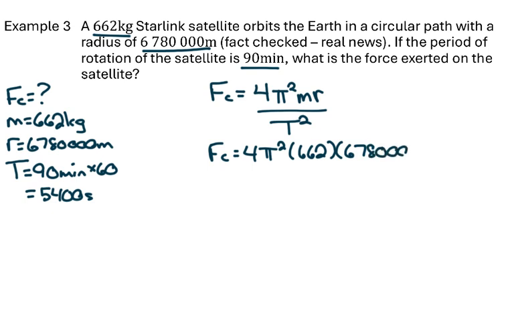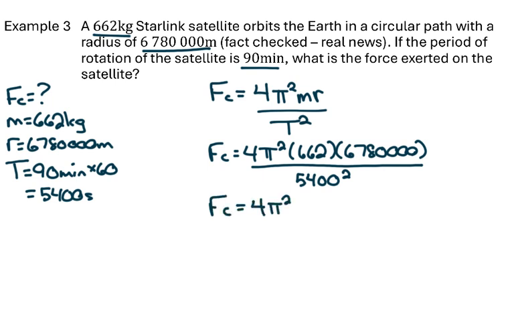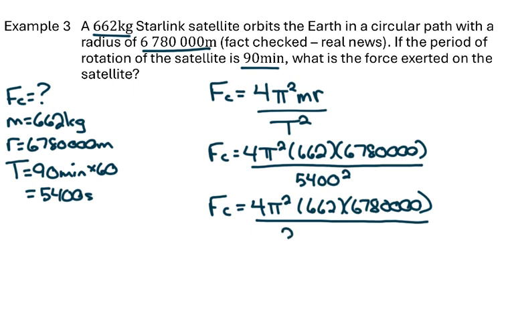Radius, 6,780,000. And period is 5,400, and that is squared. All I'm going to do in the next step is actually do 5,400 squared. That is 29,160,000.